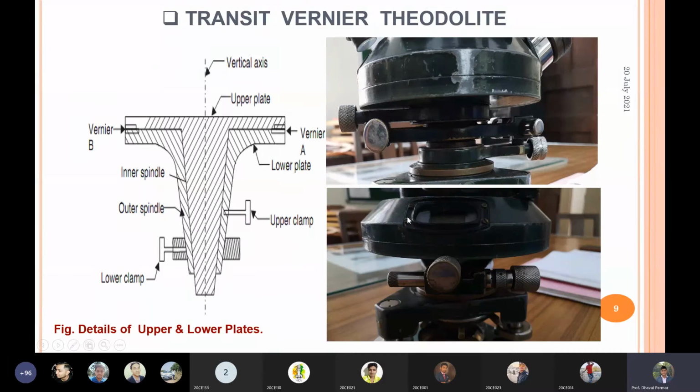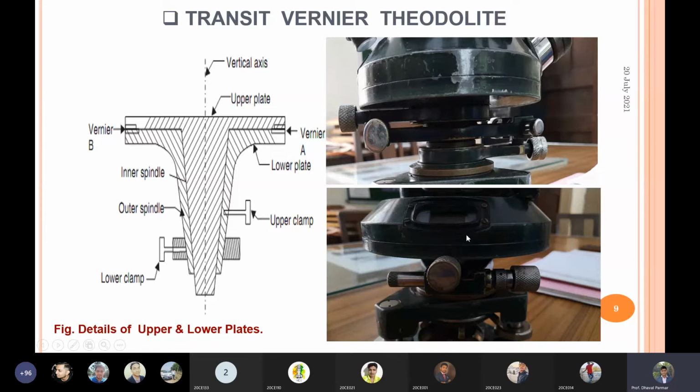Here you can see the upper plate and lower plate with a graduated ring. If the diameter of this ring is larger, then the size of the theodolite is more. The size depends on this plate's diameter and the divisions. Based on that, the size is decided.